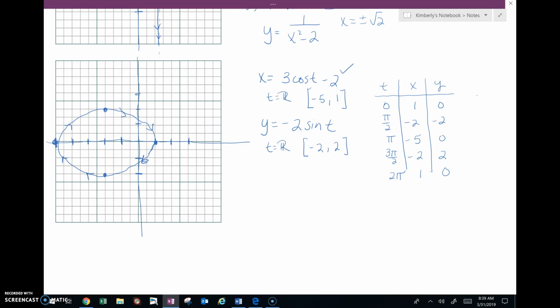So in this case, the cosine of t in terms of x is x plus 2 divided by 3. And to solve for the sine of t, I get y over negative 2. Okay?